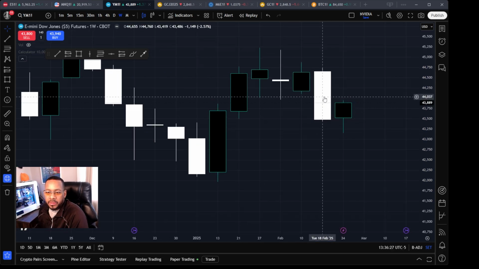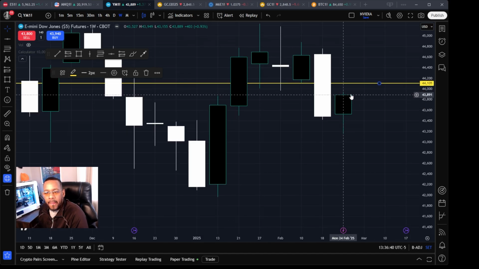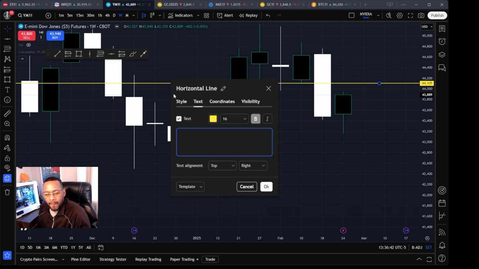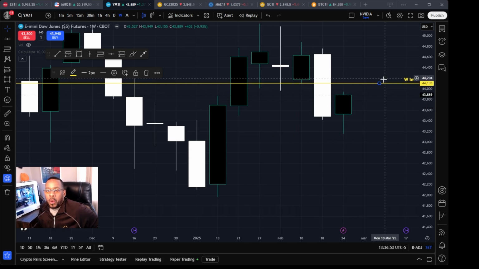Since we have this weekly imbalance here, weekly imbalance there.